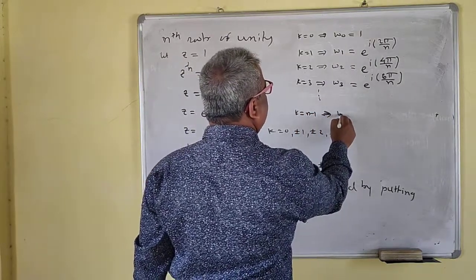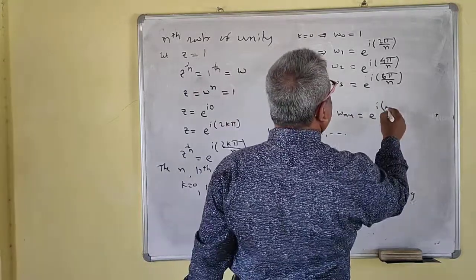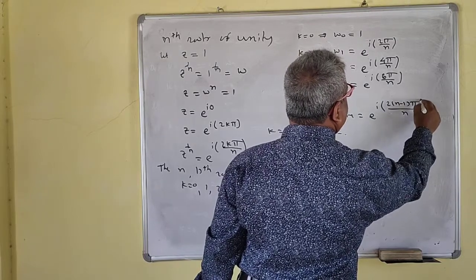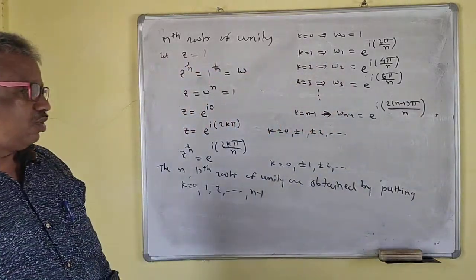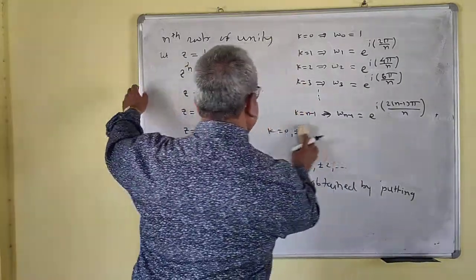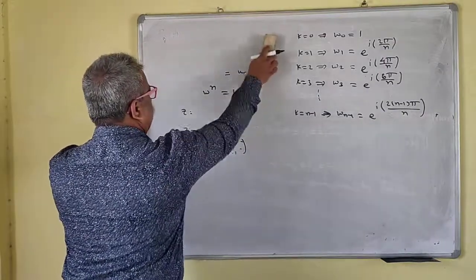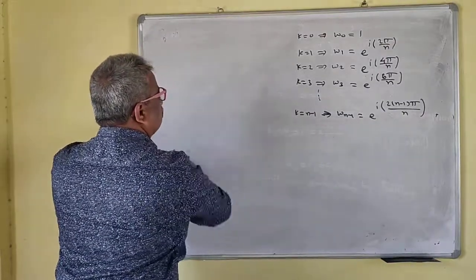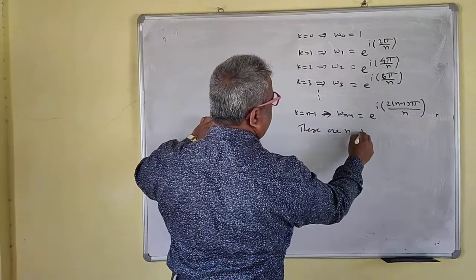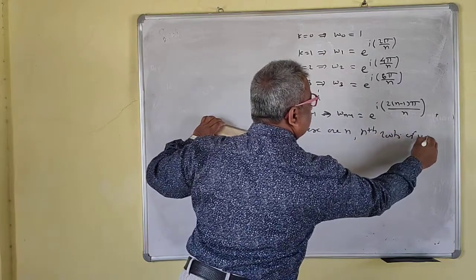This implies that omega n minus 1 is equal to e raised to i twice n minus 1 pi upon n. So these are the nth roots of unity.